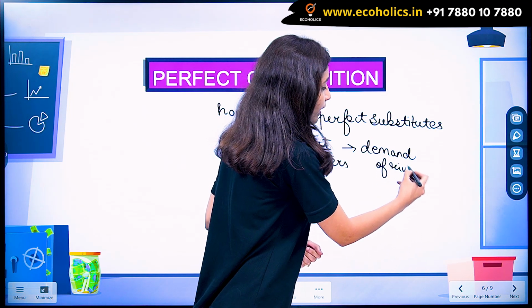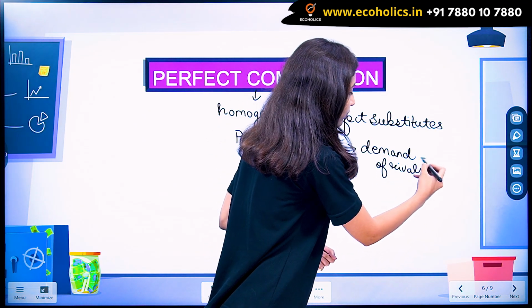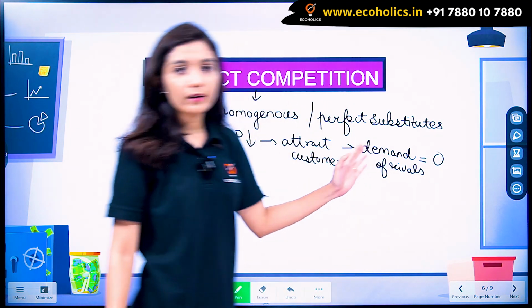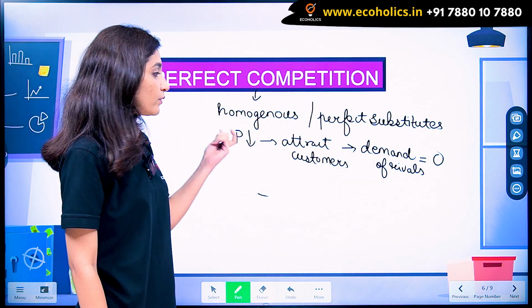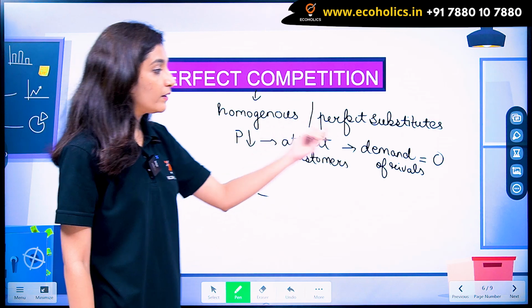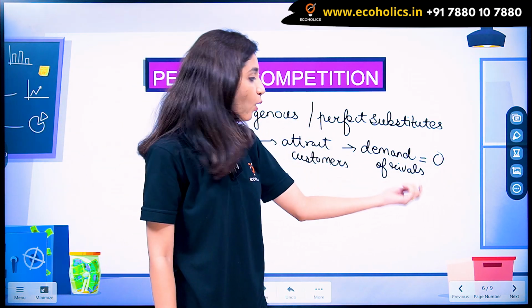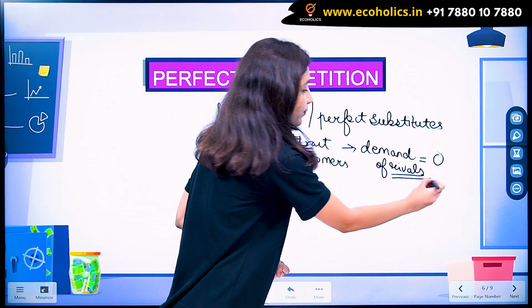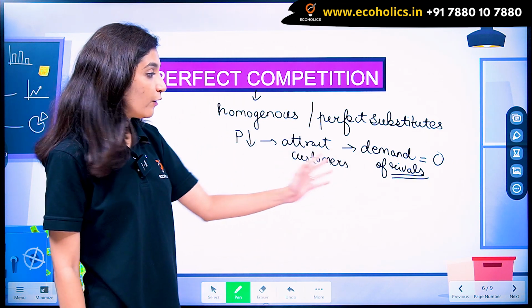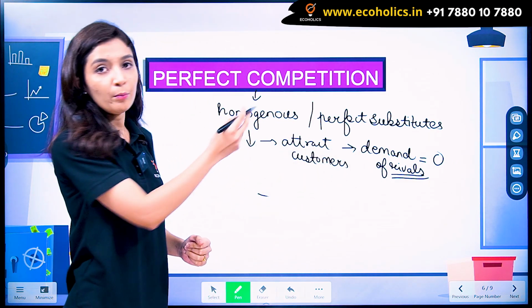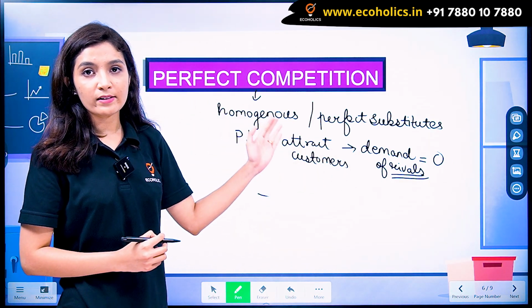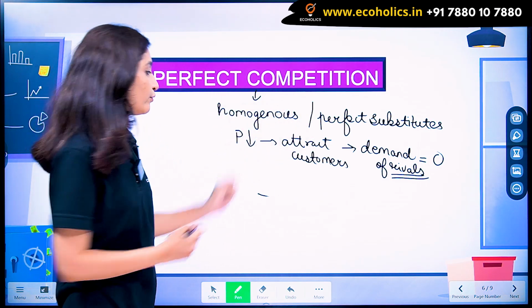Because of this change in the price, the demand of his rivals is reduced to 0. Therefore, in case of perfect competition, the cross elasticity of demand is infinity.